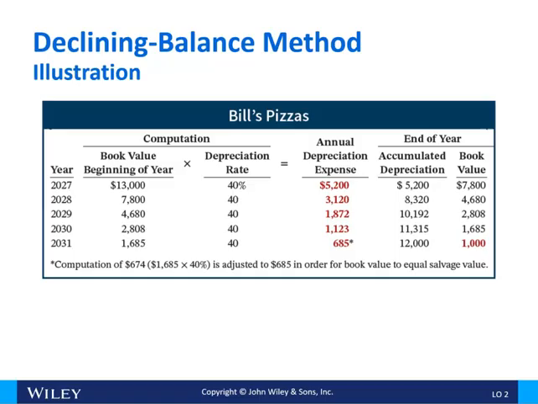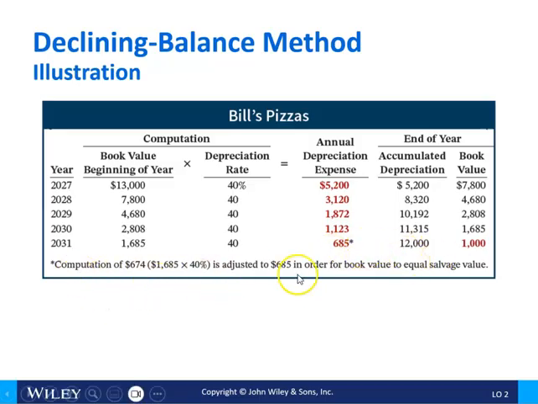And we continue through the life of the asset until we get down to accumulated depreciation equals 12,000 and the salvage value is 1,000. Now we didn't use salvage value to calculate depreciation to begin with, but we do take that into account when we end our depreciation.